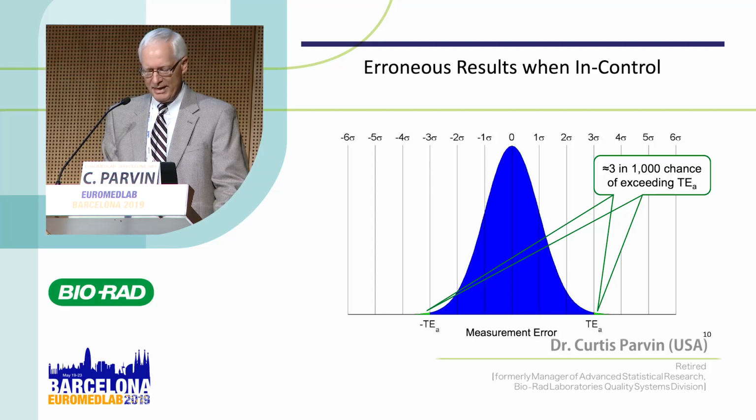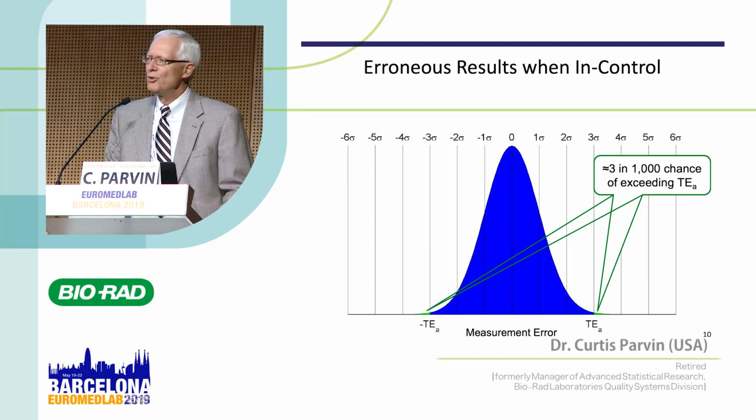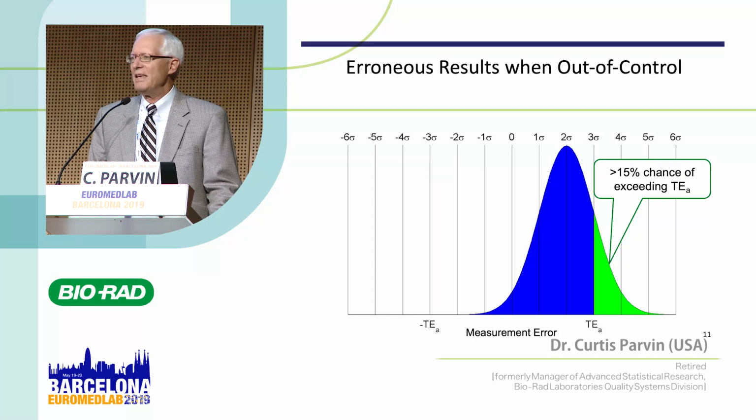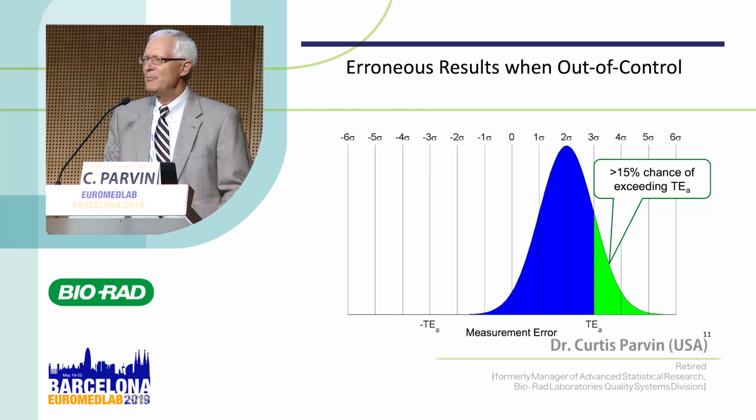Now, what if an out-of-control condition occurred and it caused this measurement procedure to shift upward so that this was the distribution of measurement errors while we're in the out-of-control state? While we're producing and reporting results in this state, there's a little over a 15% chance of producing results that have measurement error that exceed the quality specification.